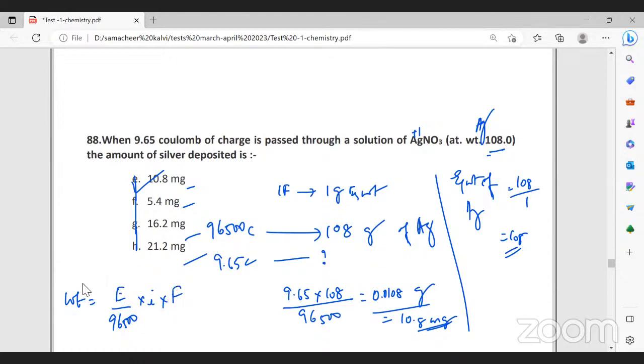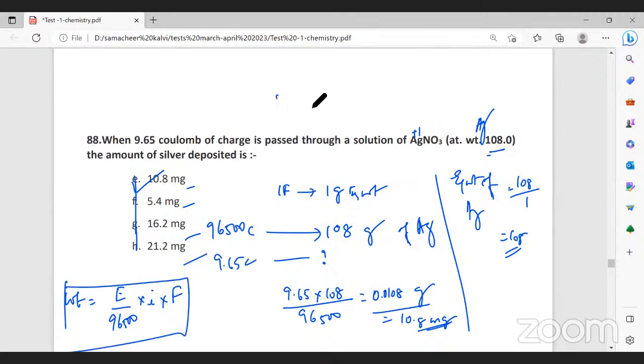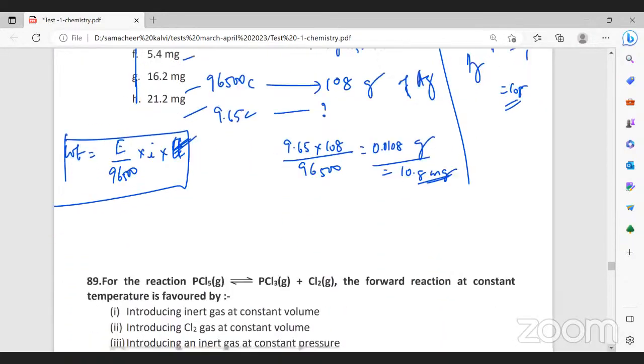So I don't think we can use this formula to calculate this, because we know Faraday's first law: W is proportional to the charge, W is proportional to I into T, or W is equal to Z into I into T. There is T here. Time they have not mentioned in the question, so we cannot use this formula. So you use this and understand to work it out. This is 10.8 milligrams. The next question.